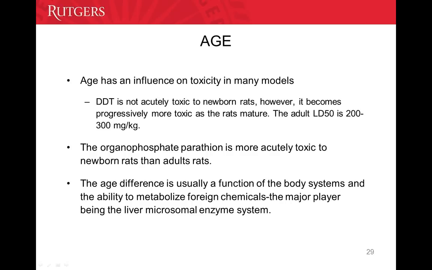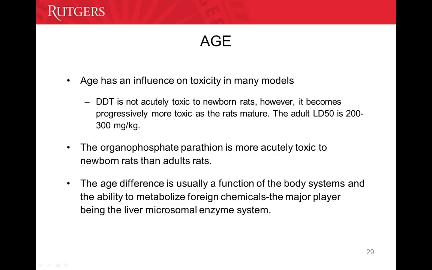What's happened is the organ system in the rat that would be a target organ for the toxicity, when it's not developed, toxicity doesn't occur. As the rat ages, of course, the toxicity becomes more of a problem because now those organ systems are in place and that can happen. The adult LD50 is about 200 to 300 milligrams per kilogram for DDT in these rats.